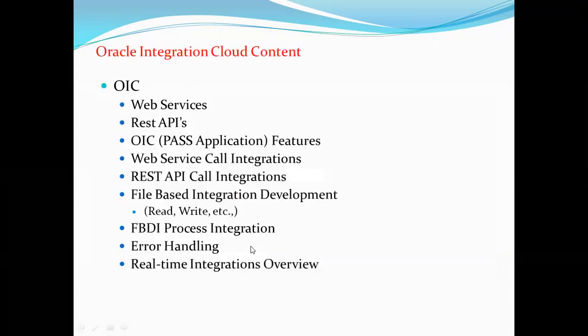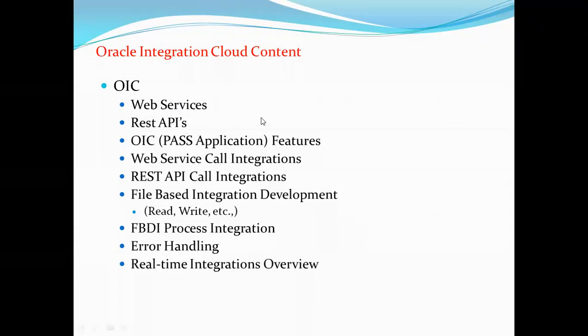Okay. Now, this is Oracle Integration Cloud content. In our OIC application, we'll see what the web services and the REST APIs are. Web services and REST APIs are nothing but the business services, for example AR invoices, AR customers, journal imports, sales orders, like that.